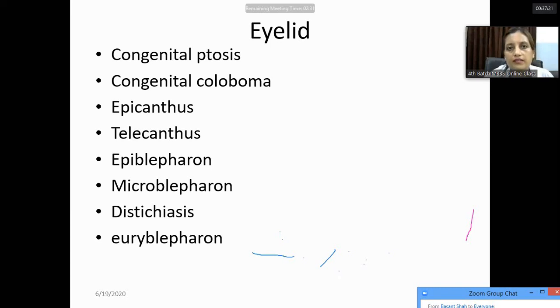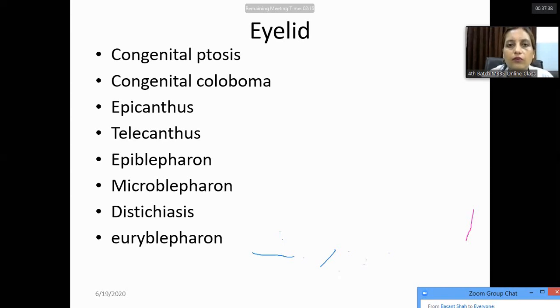So from this, gradually in every section, when we start with the lid, I will discuss the congenital anomalies of the eyelid again. In the cornea section, we will discuss separately the common ones we will encounter.